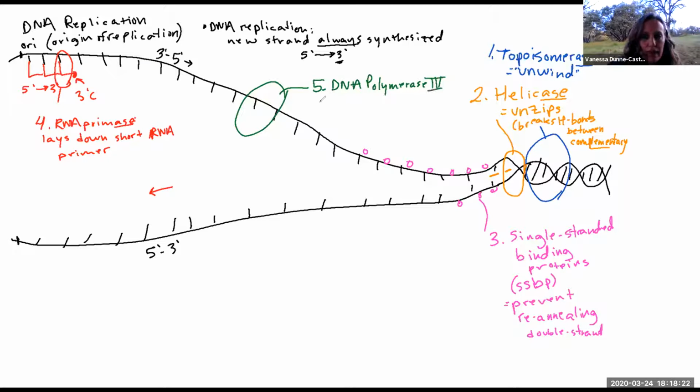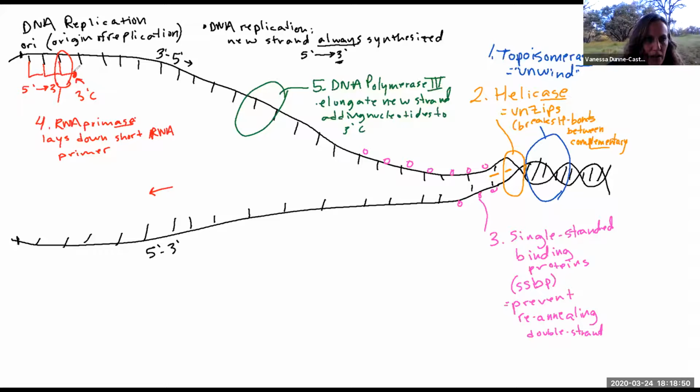Number 3. And this job is to elongate the newly synthesized strand by adding nucleotides to the 3' carbon. That should say 3 prime carbon.